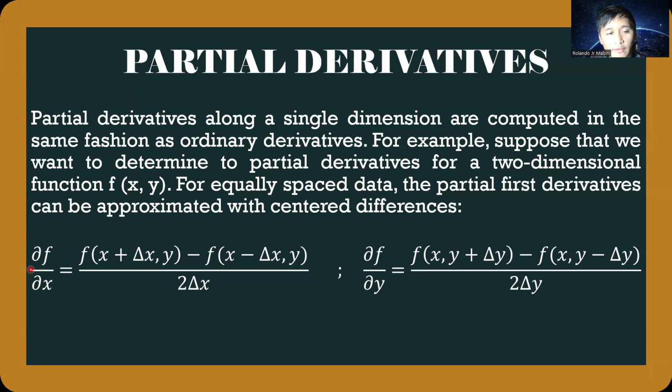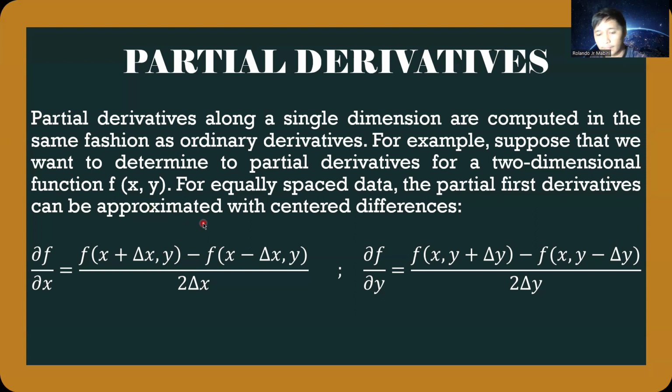If we have a function of x and y, we can differentiate the function in terms of x, and the same goes with differentiating just the function of y. So we can use this, the function of these partial derivatives.